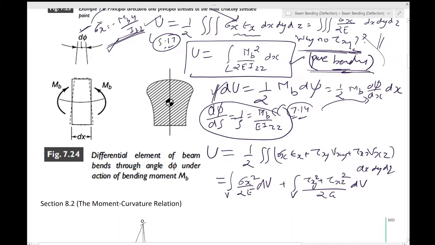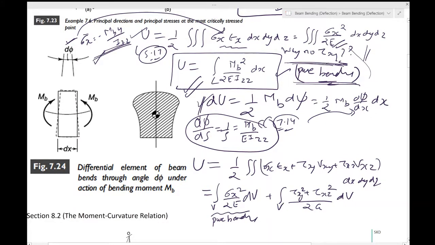The first integral on the right is identical to the form of strain energy in pure bending, so this is the pure bending contribution. The second integral is the contribution to the strain energy due to the transverse shear stresses. For slender members, the latter contribution is almost always negligible in comparison with the former. The maximum of this value is negligible for a slender beam, hence it is okay to ignore this.